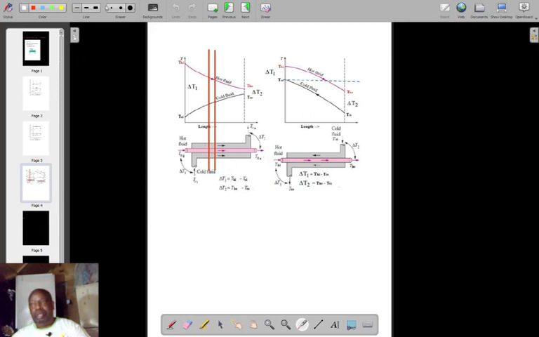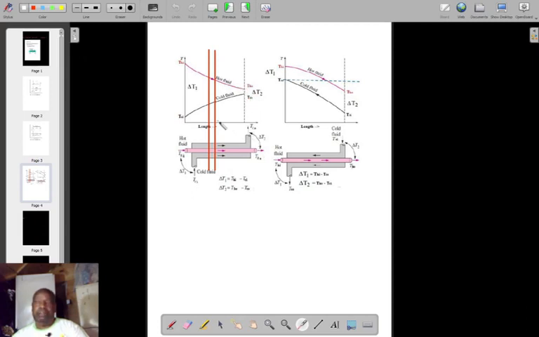So the temperature profile for a parallel flow heat exchanger between two sections, section 1 and 2, is as shown there. The temperature of the hot stream reduces from TH1 to TH2, and the temperature of the cold stream increases from TC1 to TC2.